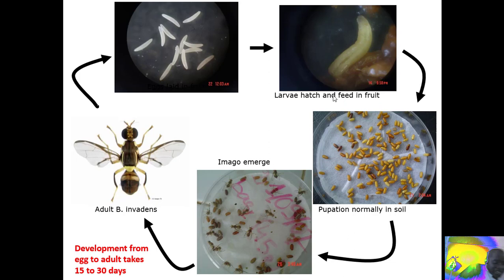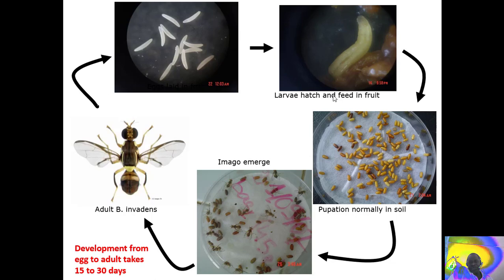In this slide, we summarize the life cycle of the fruit fly in our laboratory. Here you can see that the winged adult insect, the fly, lays eggs, and the eggs hatch to give a larva, a maggot, which consumes the flesh of the fruits, thereby rotting the whole flesh. At the end of L3, it emerges from the fruit and pupates in the soil.